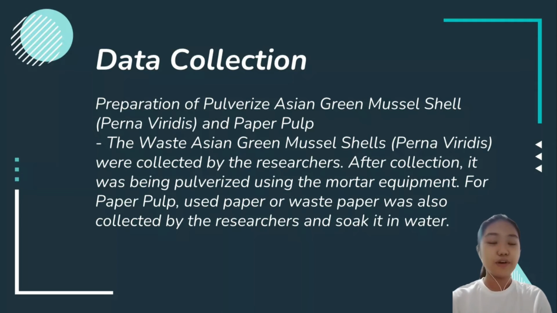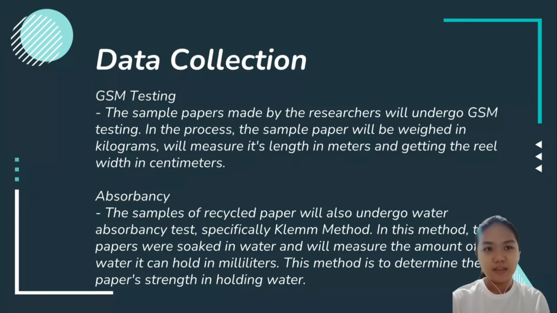The shells were collected and dried by the researchers. They are then pulverized right after drying and mixed with recycled paper that was soaked in water for 24 hours. Then, on the next day, the paper pulp with pulverized Asian green mussel shells was made into paper.